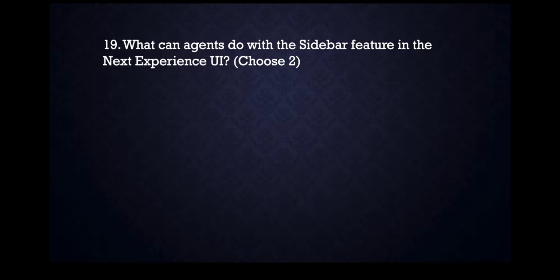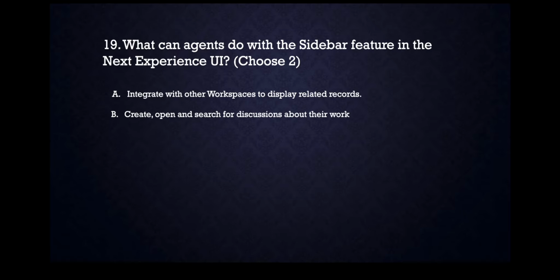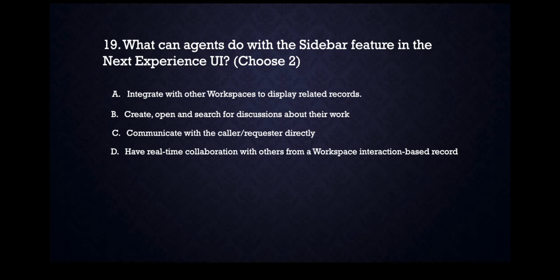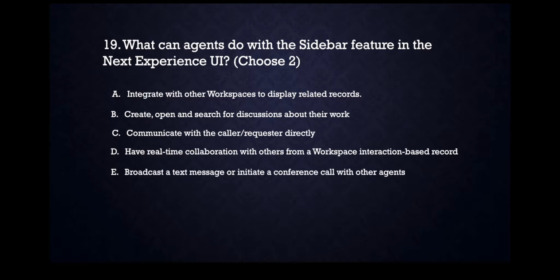What can agents do with the sidebar feature in the Next Experience UI? The options are: integrate with other workspaces to display related records, create, open and search for discussions about their work, communicate with the caller or requester directly, have real-time collaboration with others from a workspace interaction-based record, broadcast a text message or initiate a conference call with other agents.